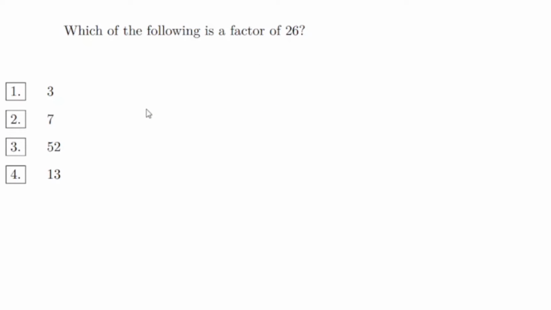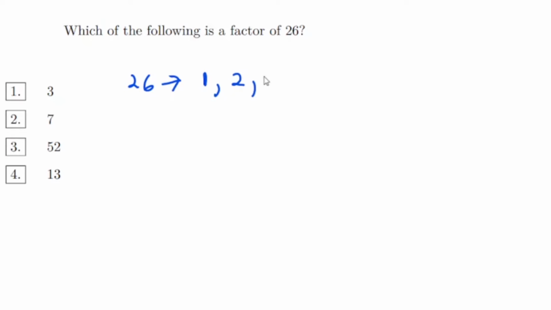Which of the following is a factor of 26? Well, to find which of the following answer choices is a factor of 26, we have to list all the factors of 26, or all the numbers that divide 26 and have no remainder. So 1 divides 26 and leaves no remainder. 2 divides 26 and leaves no remainder. 3 doesn't divide 26 and leave no remainder.